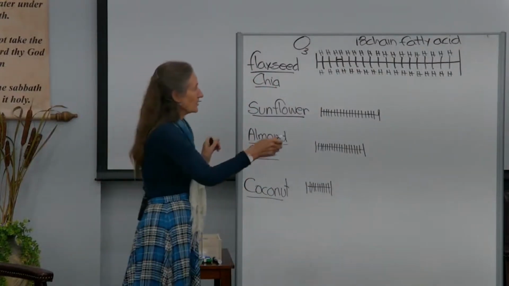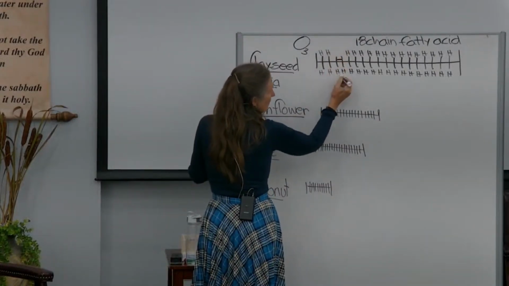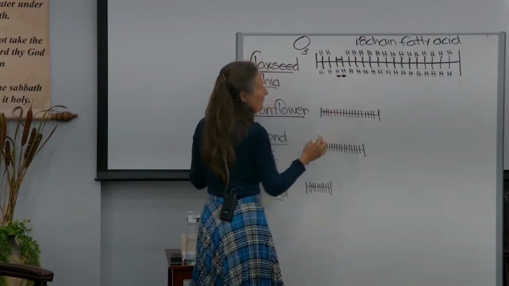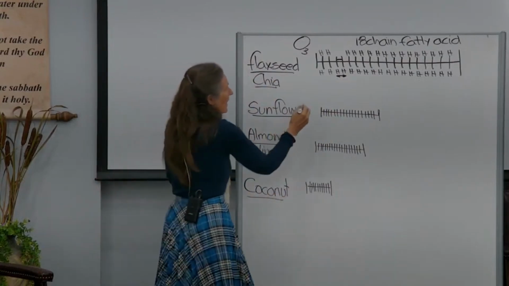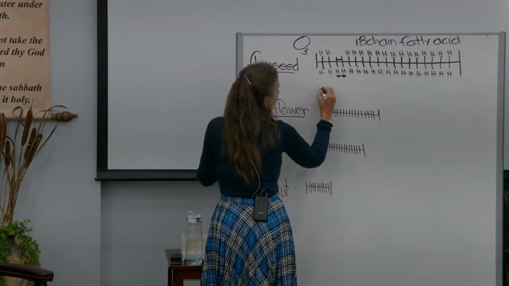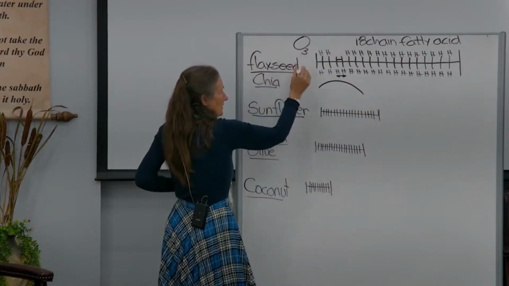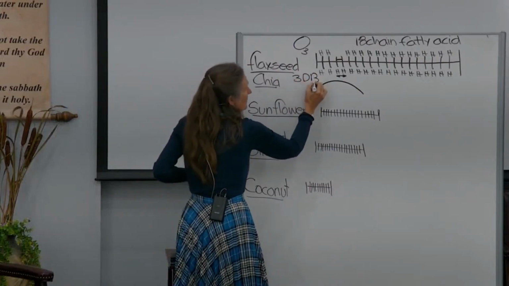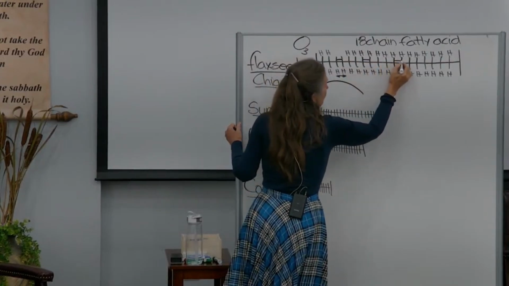And whenever you get 2 links, these hydrogen atoms go, and these hydrogen atoms underneath develop an electromagnetic field between them and start repelling each other. And that causes a kink in the chain. And in the flaxseed and chia, there are 3 double bonds. So that's 1, 2, 3, another one there, 1, 2, 3, and another one there.